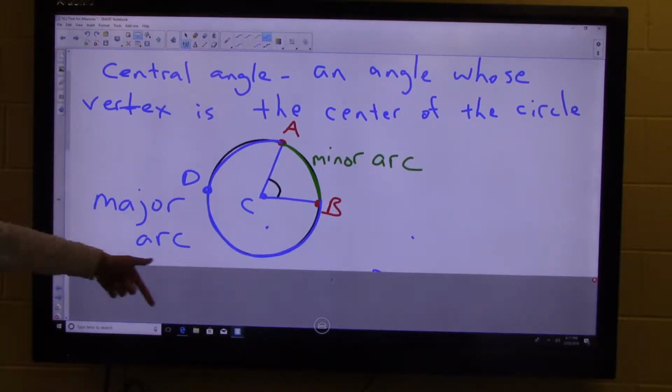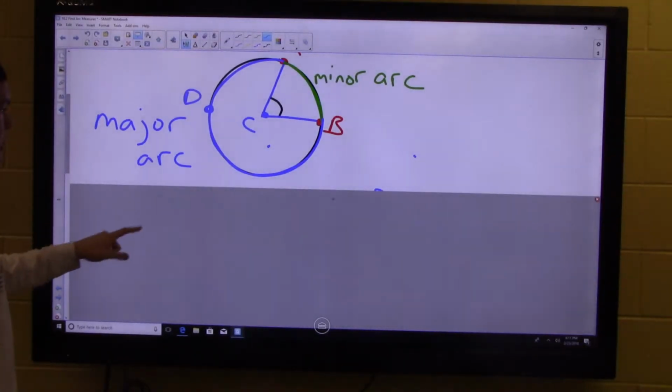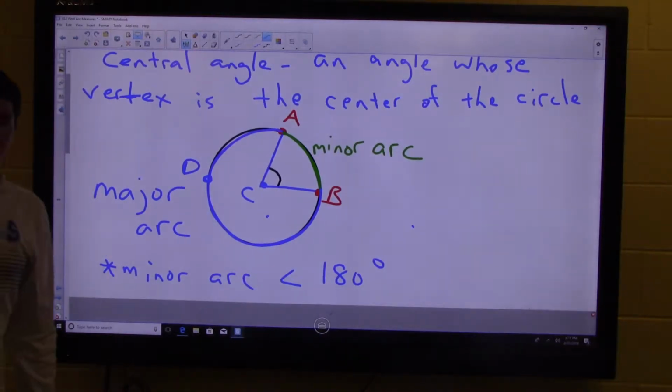Now, I haven't talked about the definition yet. The definition of a minor arc is an arc that is less than 180 degrees. You should know from previous experience that a circle has how many degrees?